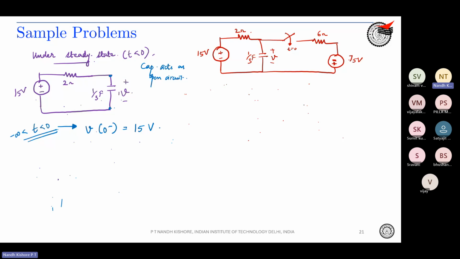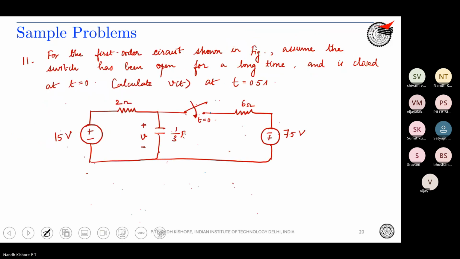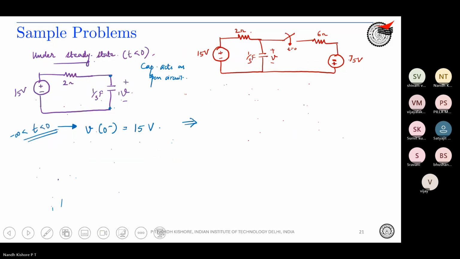So your V of 0 minus is 15 volts, which means that the 1/3 farad capacitor is charged to 15 volts.